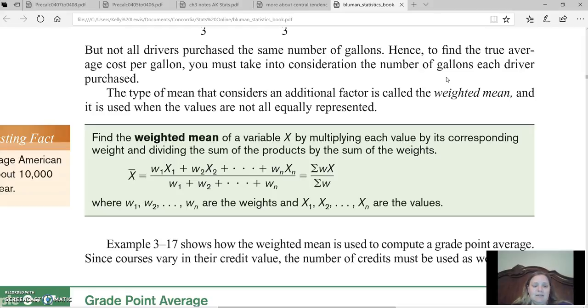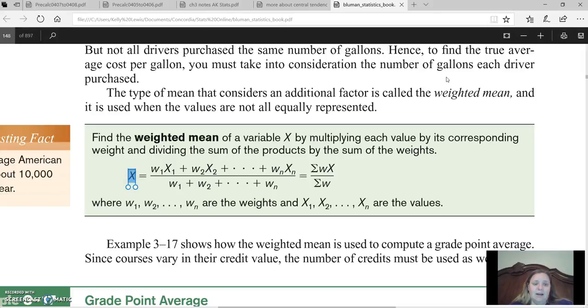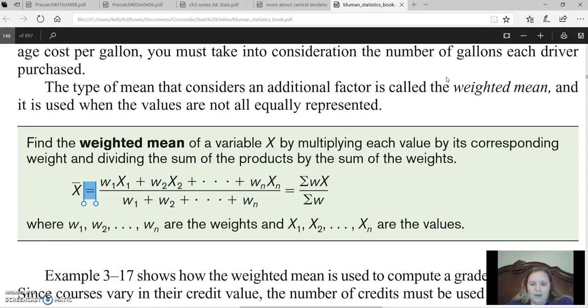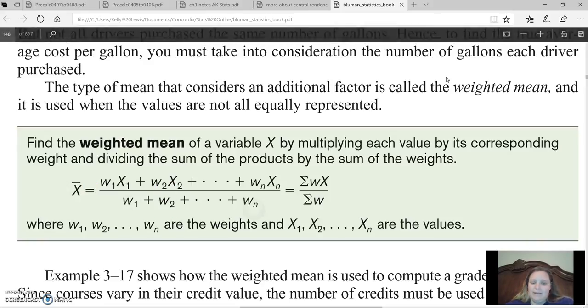And so this means X bar right there. That means mean. Okay, and then you take the weight of the first thing, multiply it together, plus the weight of the second thing, multiply together, add them up, plus, and do the weight of the third times the third thing, and add that all up. That symbol, that sigma symbol, means sum, and then you divide it by each of the weights.